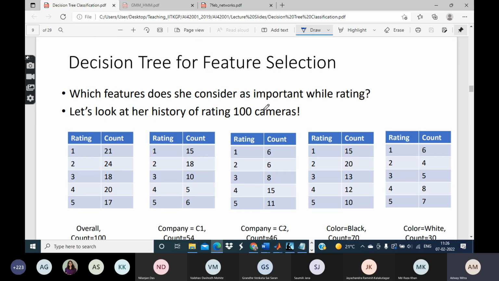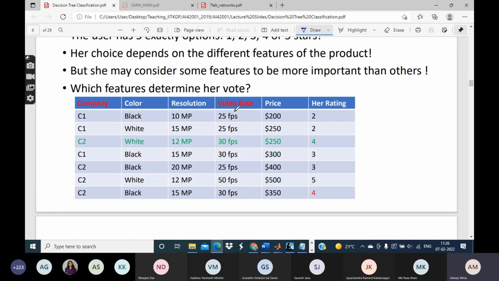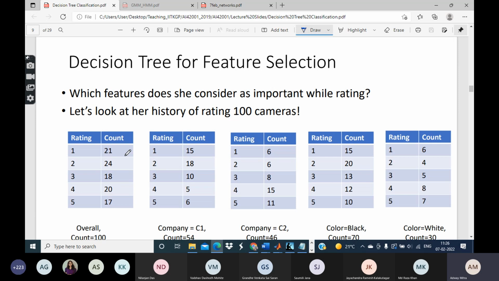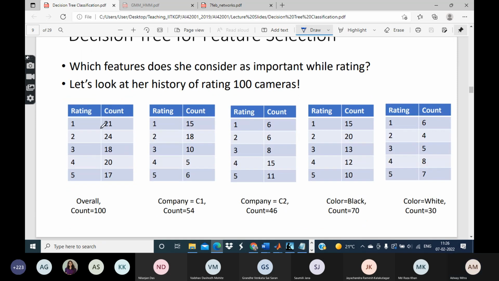So let us say that this customer has rated 100 cameras. You can assume that this is some kind of a snapshot of the data set. So now, first of all, let us forget all features and think just based on the rating numbers, can we say something?